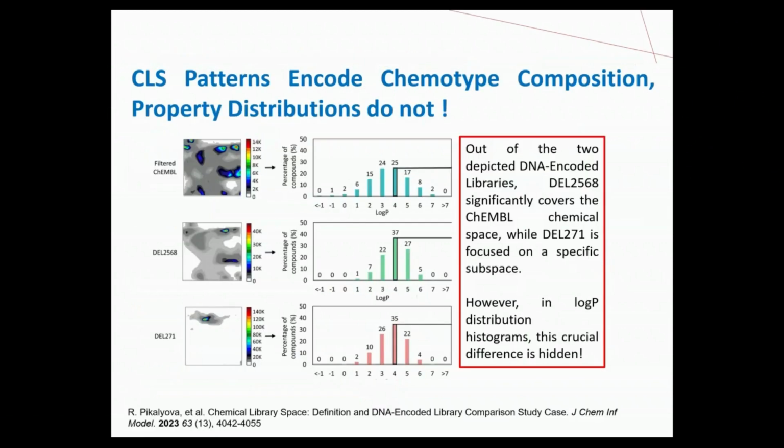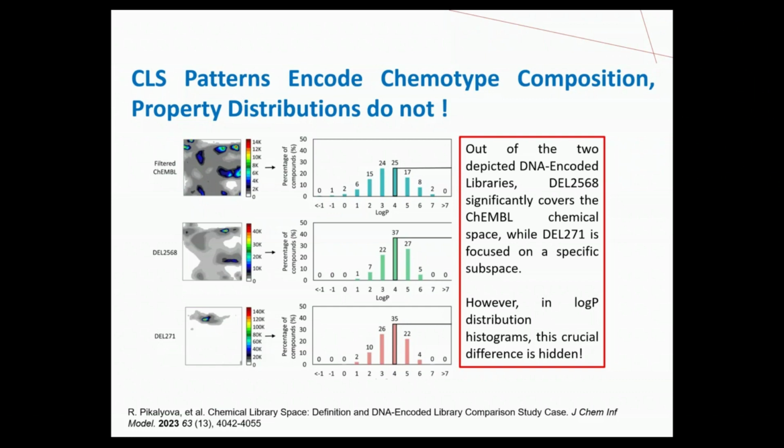Okay, and the interesting thing is that the CLS patterns encode the chemical composition, which property distribution alone, the standard way to look at libraries, does not. So here you have 3 density landscapes.